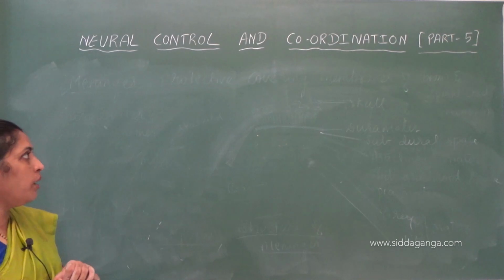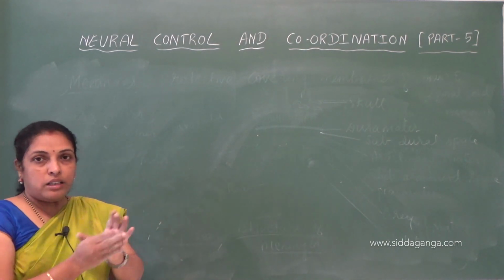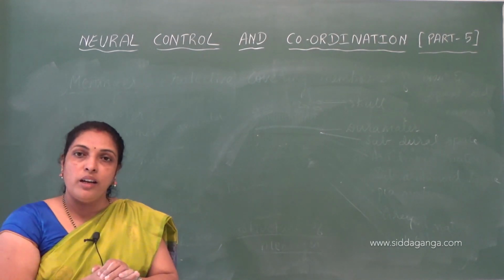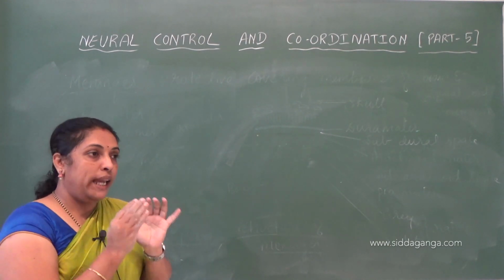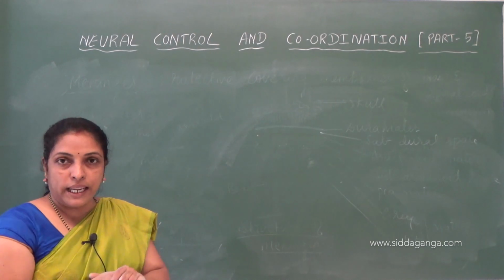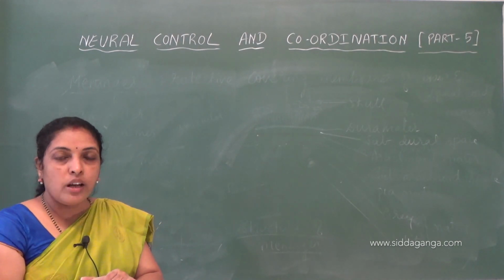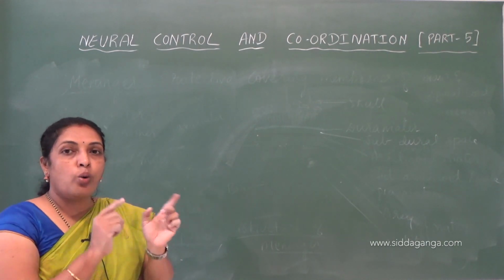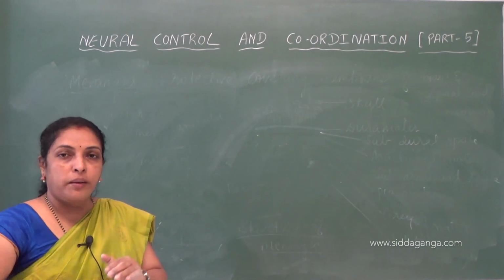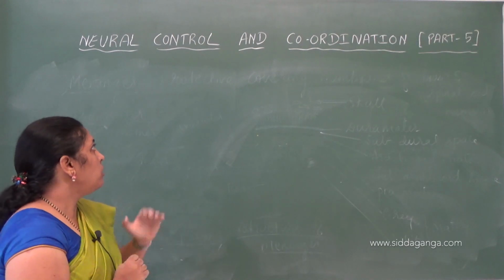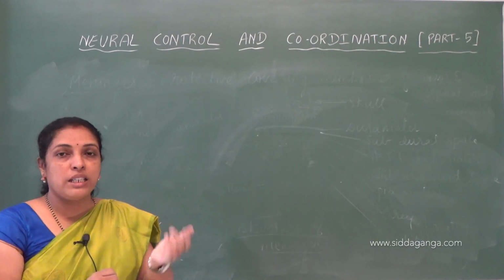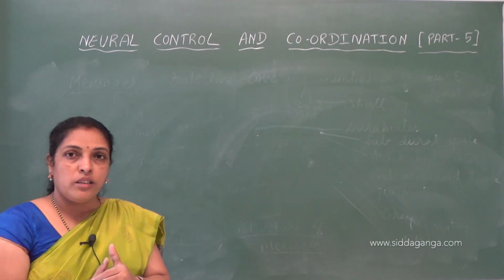Then white and grey matter: grey contains cytons and dendrites, white matter contains myelinated neurons. In brain outer part is grey and inner part is white. In spinal cord outer is white and inner contains grey matter. So, that is about meninges. In the next class we will discuss the central nervous system.